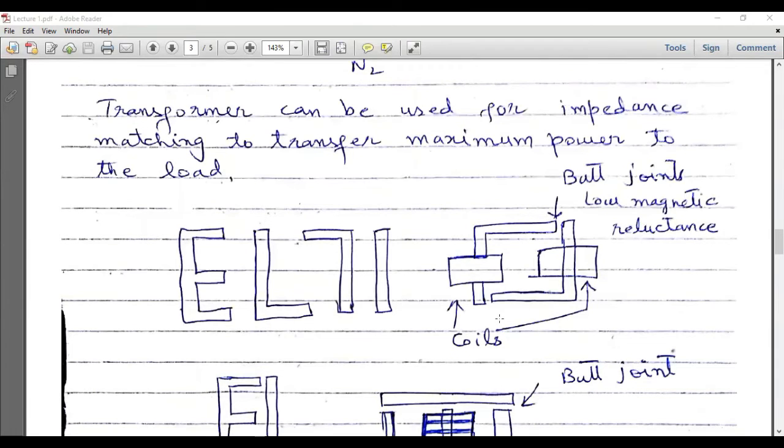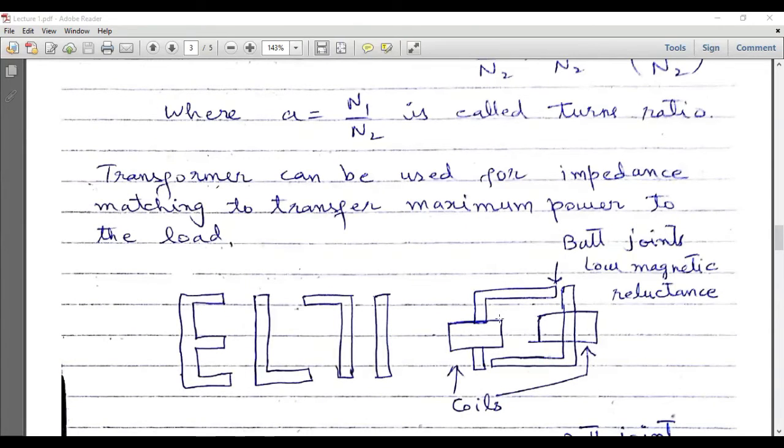So if we achieve such a turn ratio combination, then maximum power will be delivered to the load, and this is called impedance matching. So if we match the load impedance with the source impedance by using a transformer, then it will be helpful for maximum power transfer.